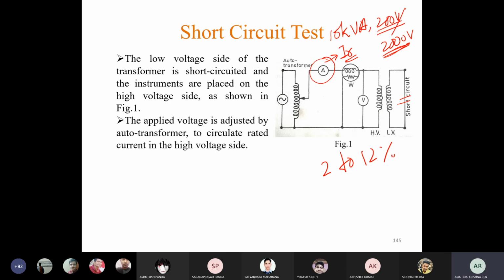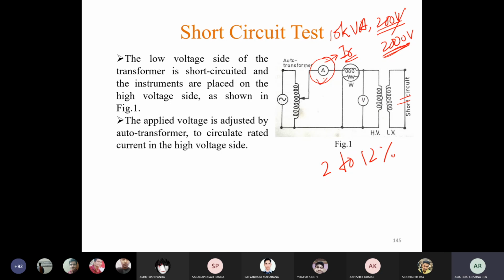Is it clear how much voltage we have to apply? The voltage required to circulate rated current in the high voltage side, that much voltage we have to apply, and it ranges between 2 to 12% of high voltage side voltage rating. So now we have got two readings.